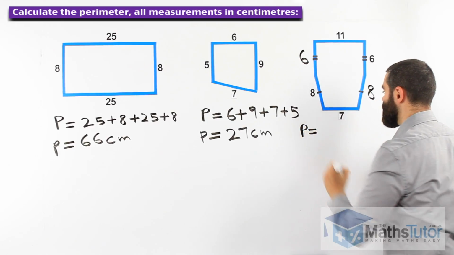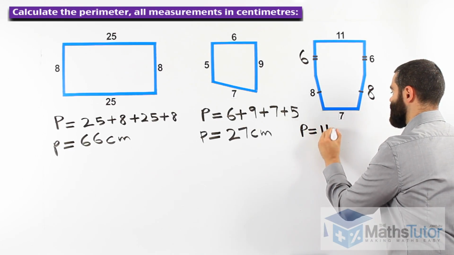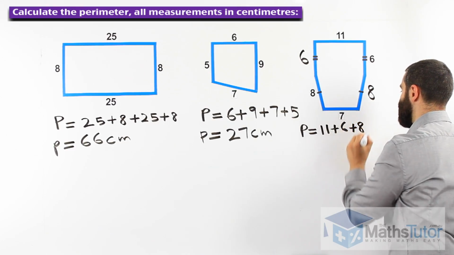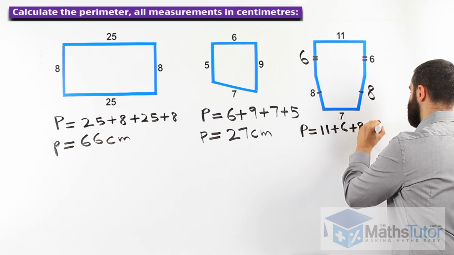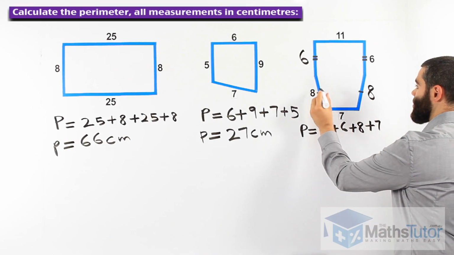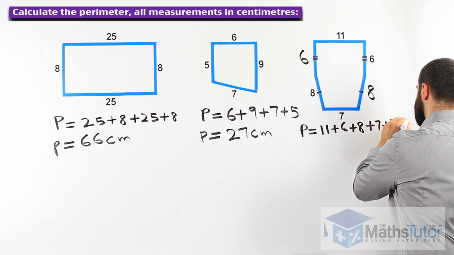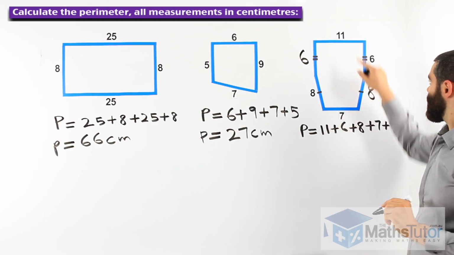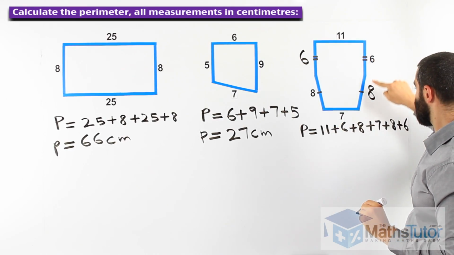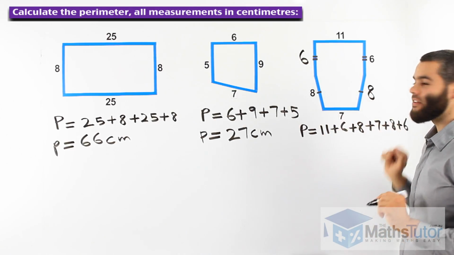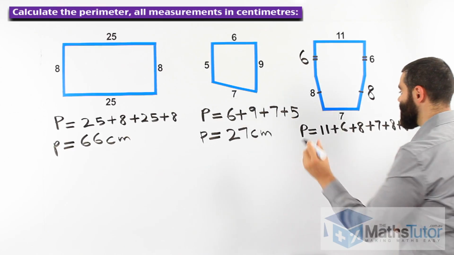Now, I like to start from the top. P equals 11 plus 6 plus 8 plus 7 plus 8 plus 6. I double check all the time to make sure I haven't missed anything.